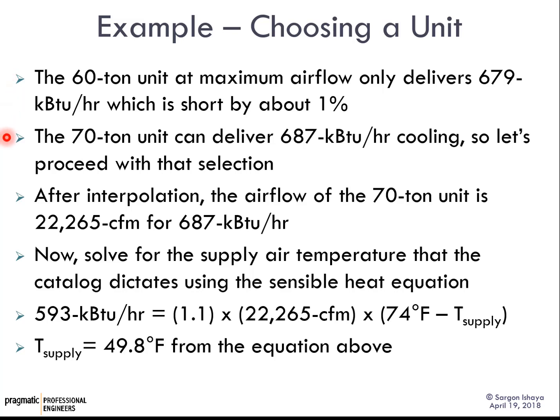So we go to the 70-ton unit page, and we see that it can easily deliver 687,000 BTUs per hour. And after interpolation, we find out that the airflow at which the 70-ton unit gives us 687,000 BTUs per hour of cooling, given our entering and ambient conditions, is 22,265 CFM.